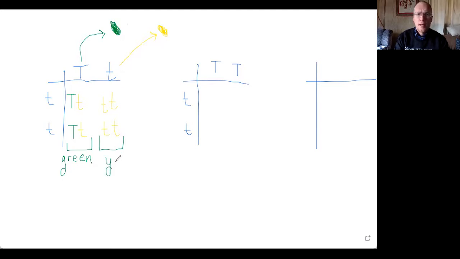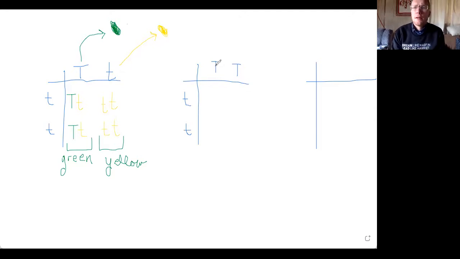So in the second example, I'll finish writing yellow. Okay, for the second example, we're crossing 2 homozygous individuals. Again, they're different, so their offspring are going to be different. This is what Mendel did. And what we see is both parents will do the same exact thing.